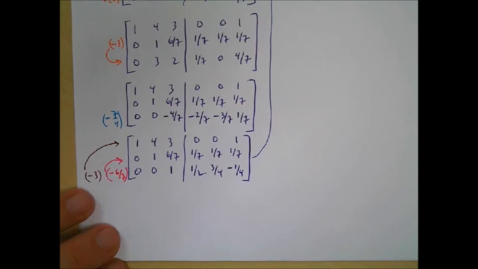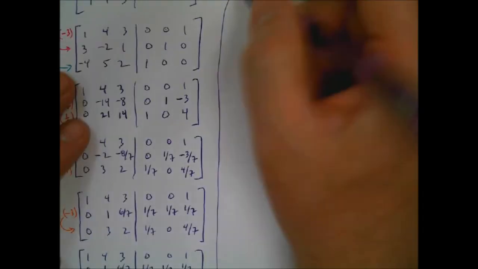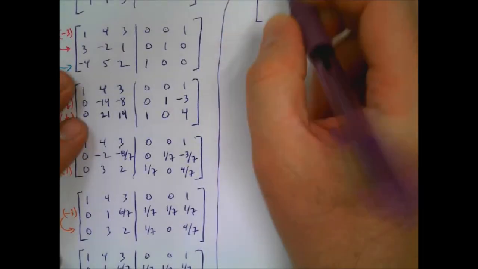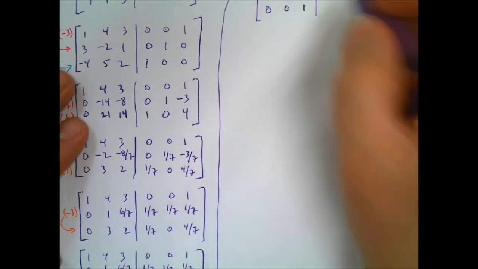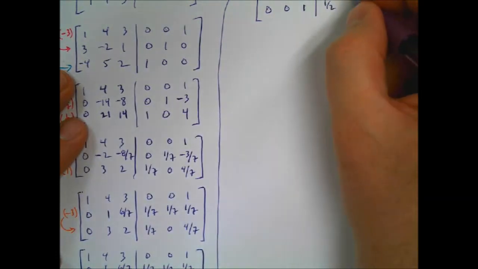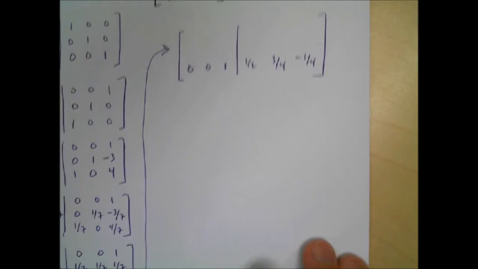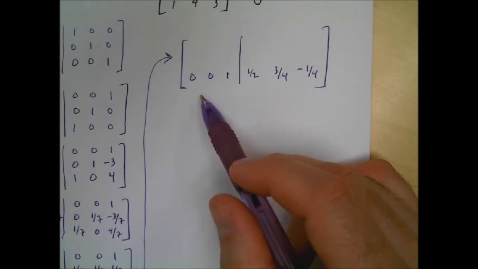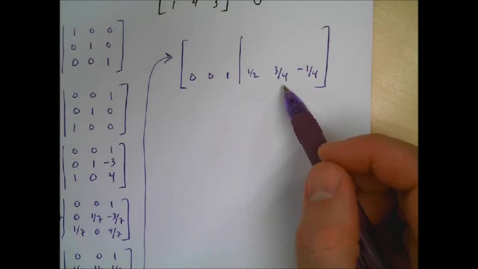Now, the bottom row is not changing. The only one that's not changing. So 0, 0, 1, 1 half, 3 fourths, negative 1 fourth. In fact, as long as we've done everything correctly, that's going to be the bottom row of the inverse matrix.